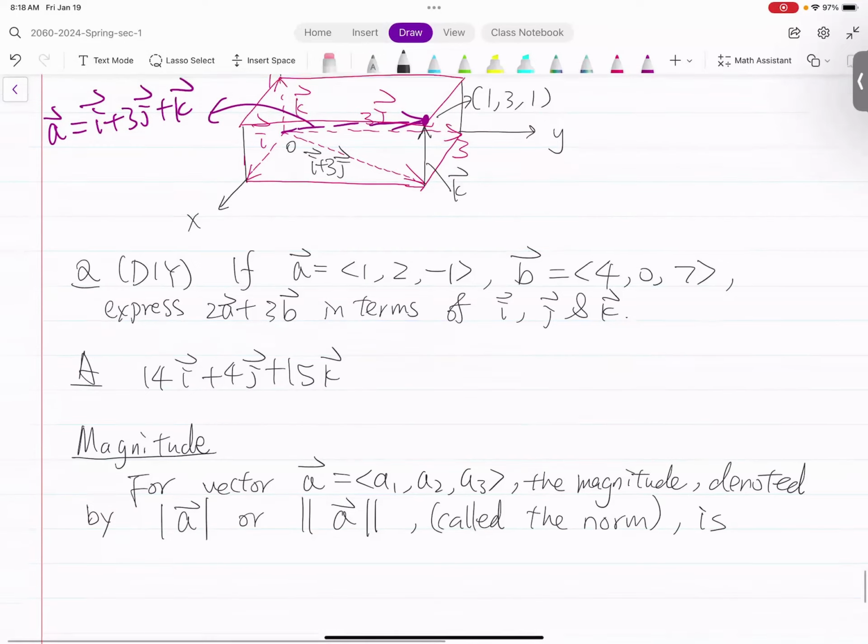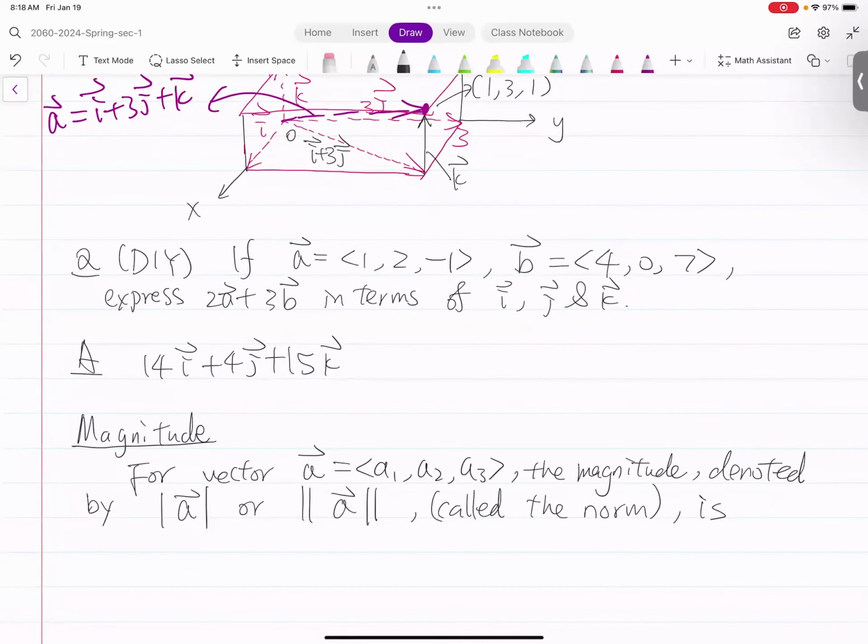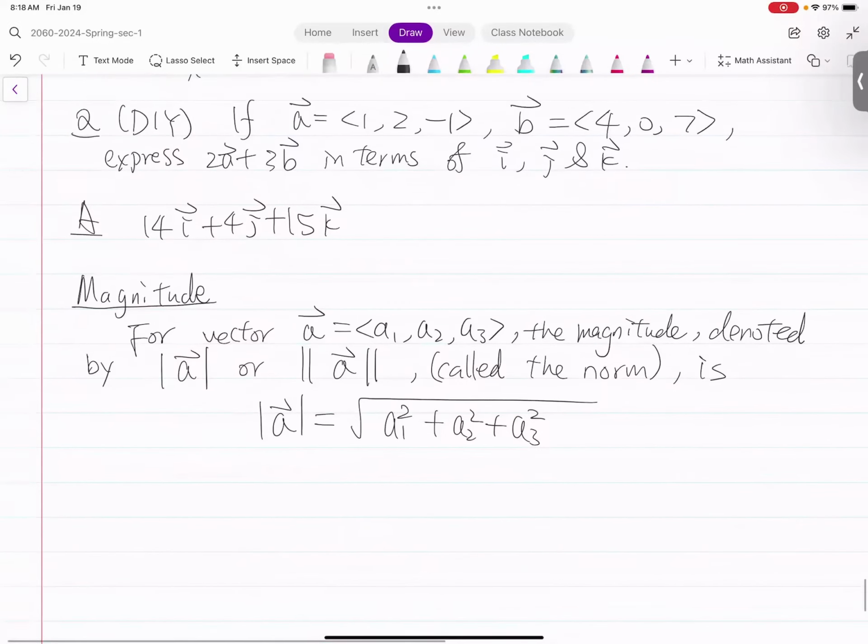And this is calculated by exactly the magnitude, the distance from the origin to the head of the vector, if you make the origin to be the tail. So the magnitude or the norm of the vector A is the square root of the sum of components squared. So indeed, this is exactly the distance of that vector A, starting at the origin, ending at the point A1, A2, A3.